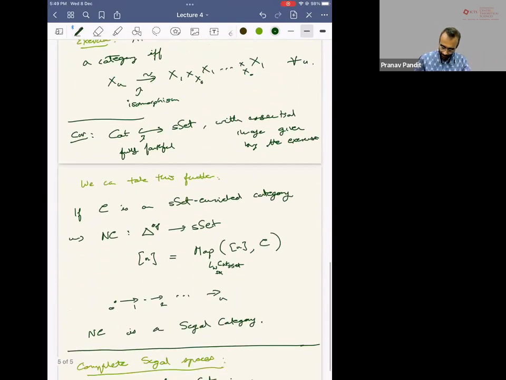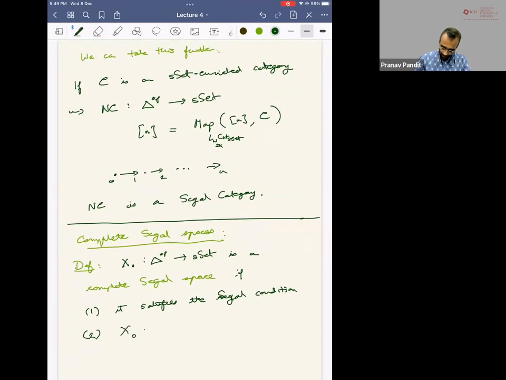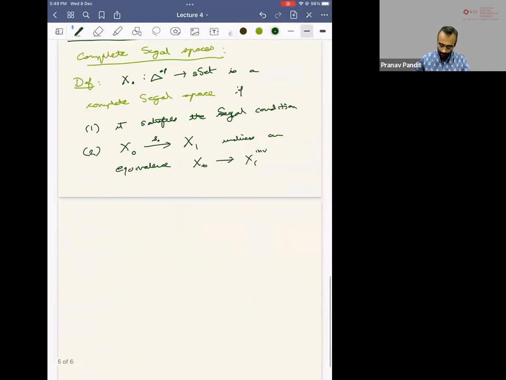So I'm going to encode that by saying that x naught, mapping by the degeneracy map s naught to x1, induces a weak homotopy equivalence of x naught to x1 invertible, where x1 invertible consists of all one morphisms that are invertible.